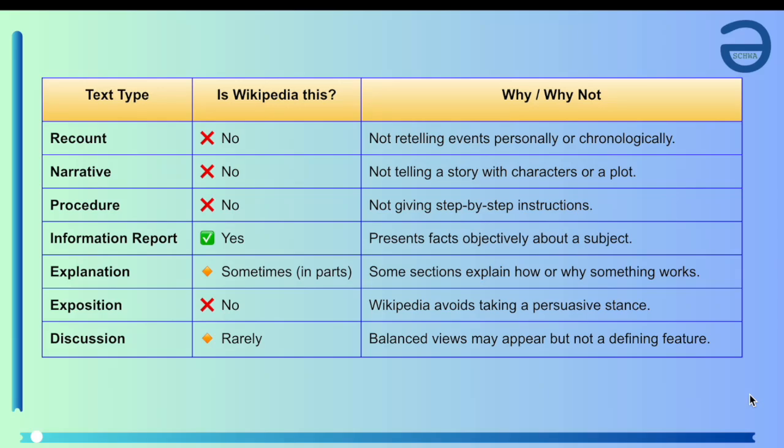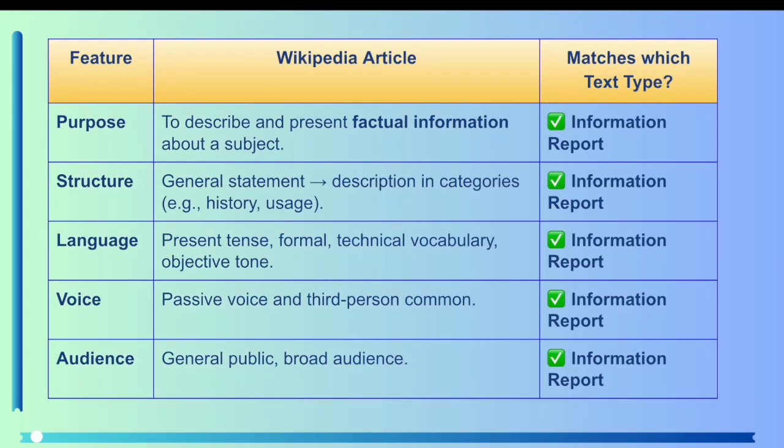Now, let's think about more features of it. And you can do the same for all the other text types. Information reports have factual information. They move from general statements to categories, especially this Wikipedia article. So you might have personal information, professional information, awards that the person has won over their lifetime, all of that.